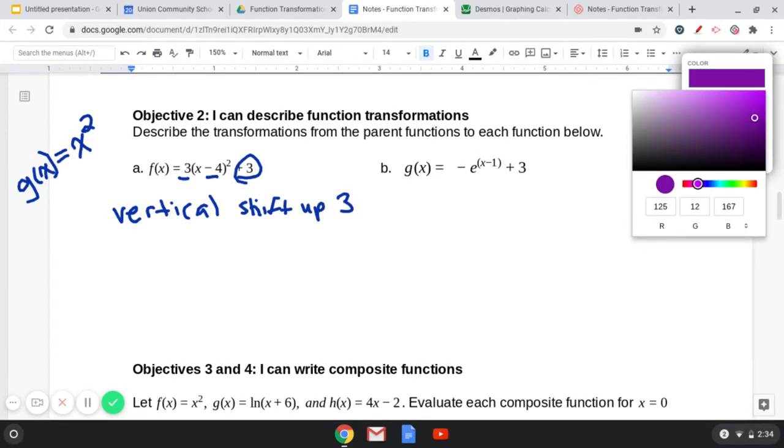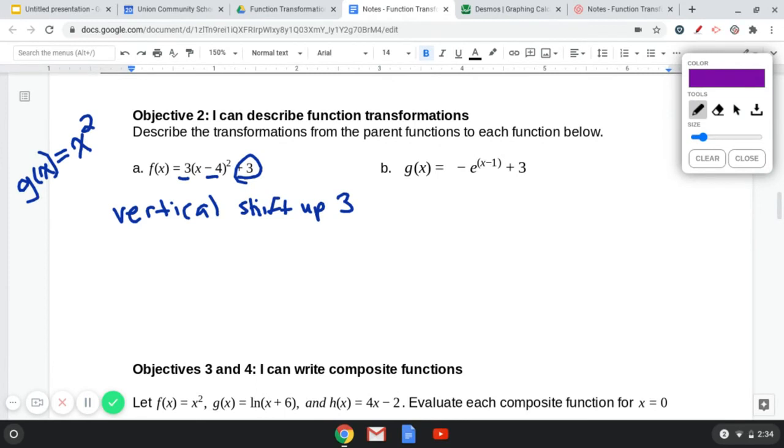Now I'll change colors. This minus 4 in here will be a horizontal shift, and it's minus, so that means we will go to the right 4.